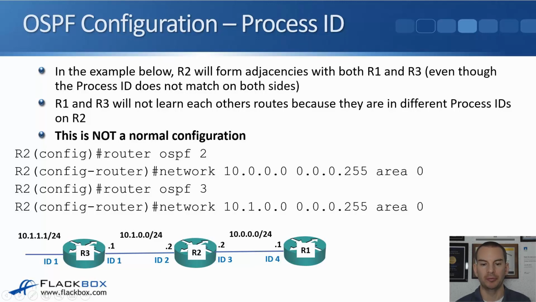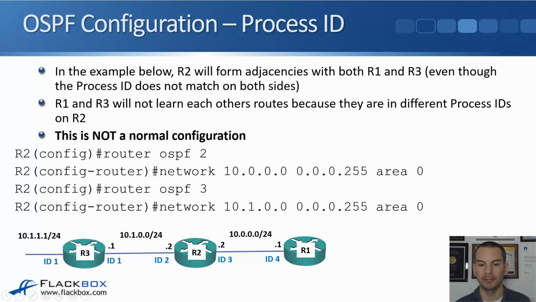In the example below, we've got three routers, R1, R2, and R3, with R2 in the middle. On R3, both interfaces have been put in process ID 1. On R2, the left-hand interface is in process ID 2, the right-hand interface is in process 3.